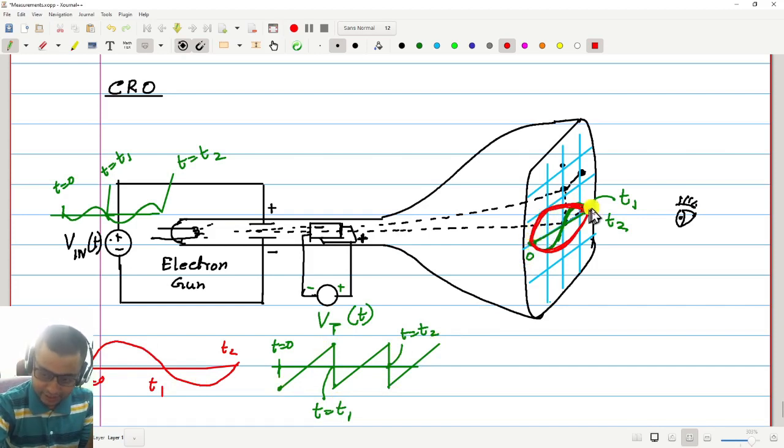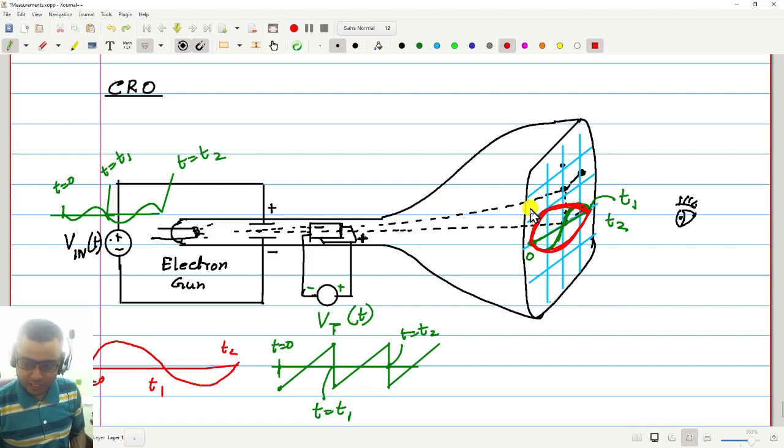We'll first get one trace, an incomplete cycle, then the next may be something like this, and everything will superimpose and the graph will be completely spoiled. We will get the correct graph only if these two frequencies match. If this frequency is a proper multiple of this frequency, then we will see a complete, proper graph.